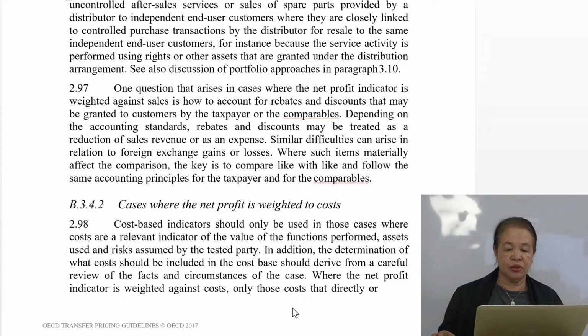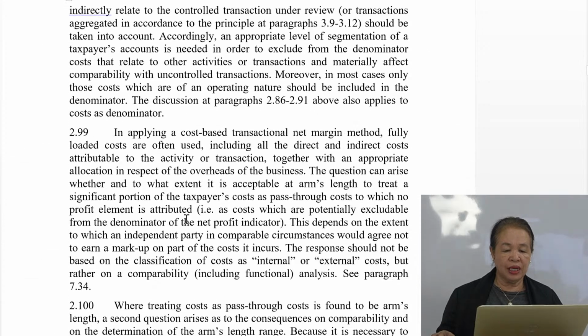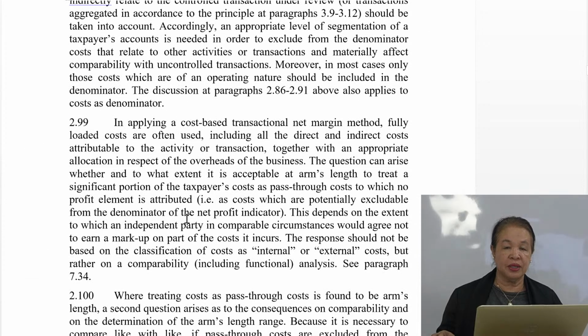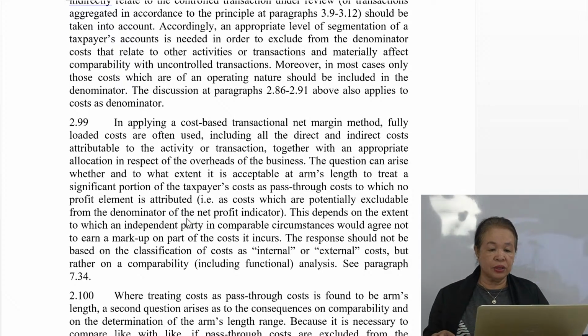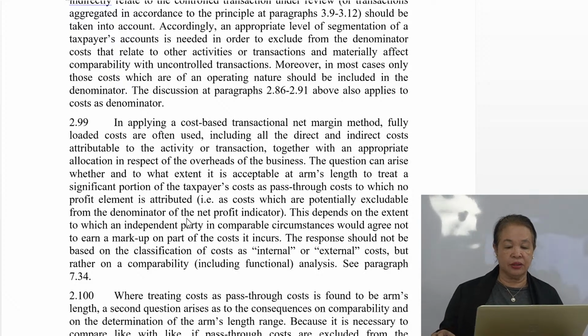So only those costs that directly or indirectly relate to the controlled transaction under review or transactions aggregated in accordance with the principles at paragraphs 3.9 to 3.12 should be taken into account. So accordingly, an appropriate level of segmentation of a taxpayer's accounts is needed in order to exclude from the denominator costs that relate to other activities or transactions and materially affect comparability with uncontrolled transactions.